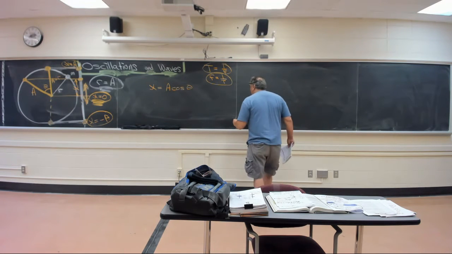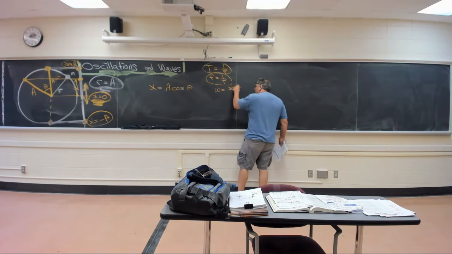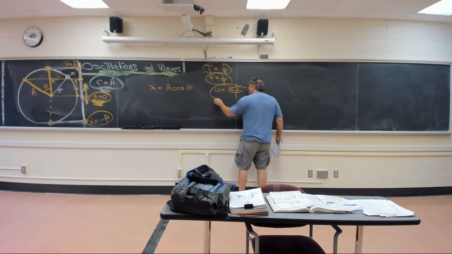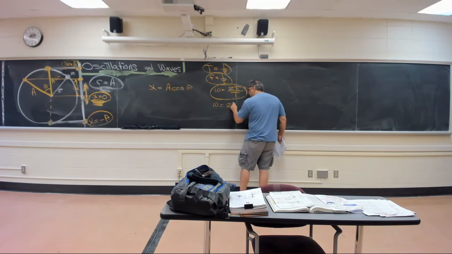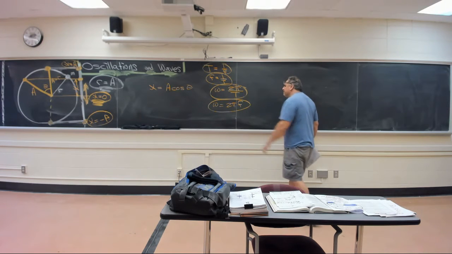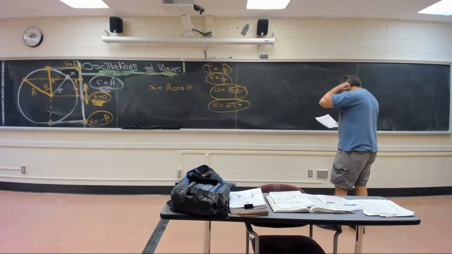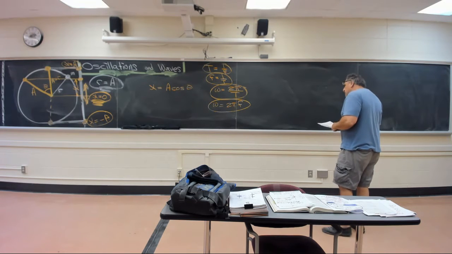We know that omega is the angular speed. 2 pi radians in a circle get traversed in one period of time T. That's what omega is. If 1 over T is equal to f, the frequency, you can also write 2 pi over T is 2 pi f. So these are all one and the same, I guess you could say. So there's a lot we know.